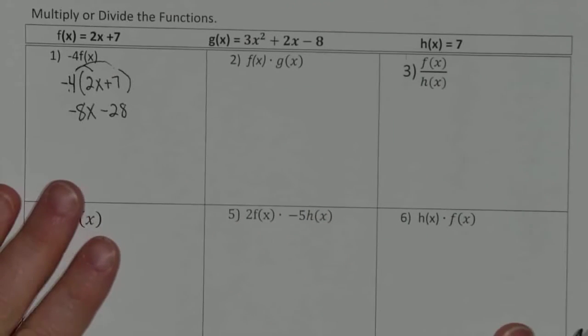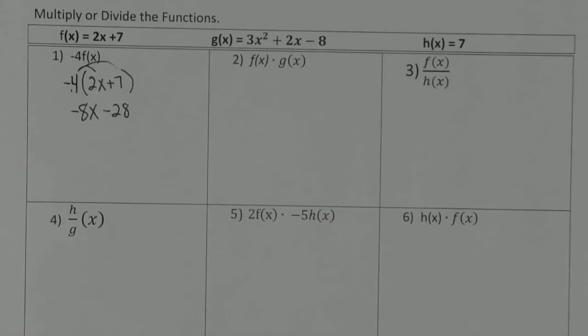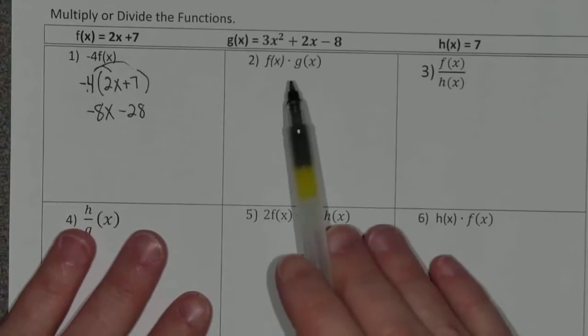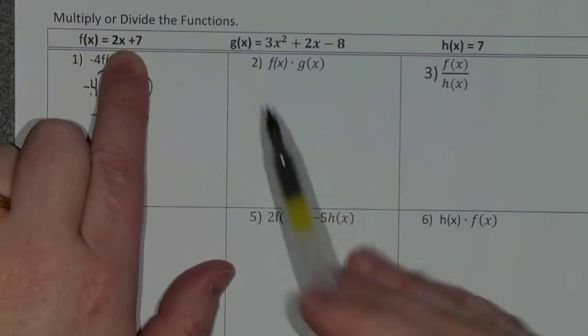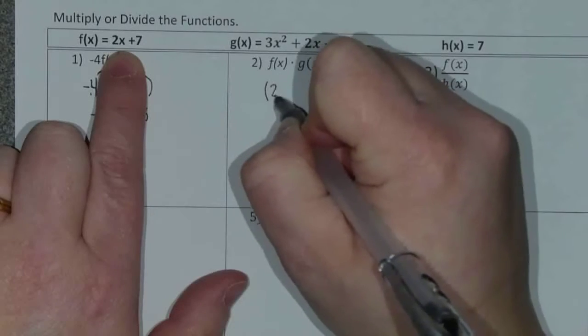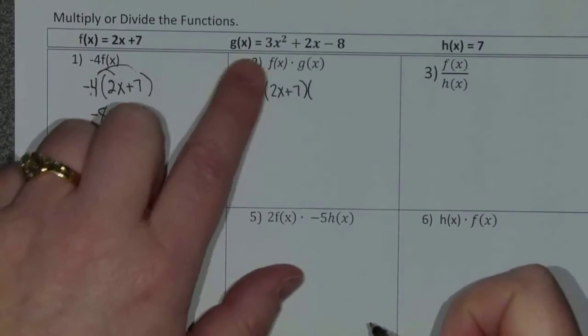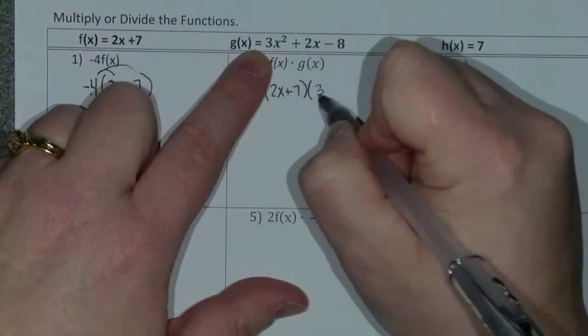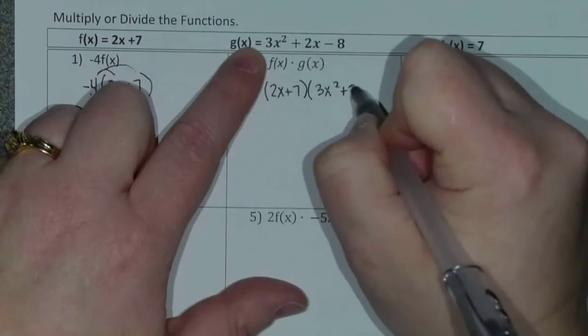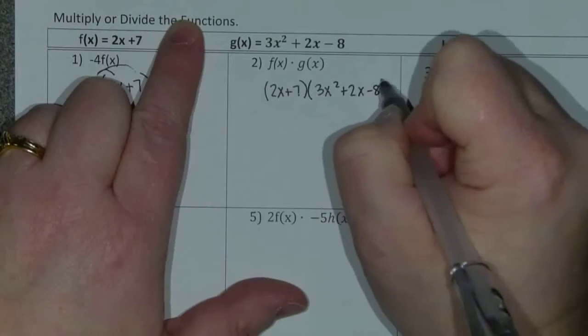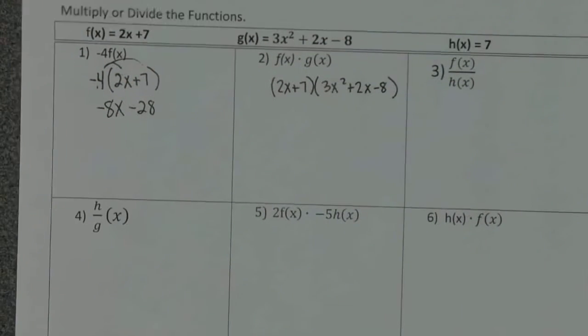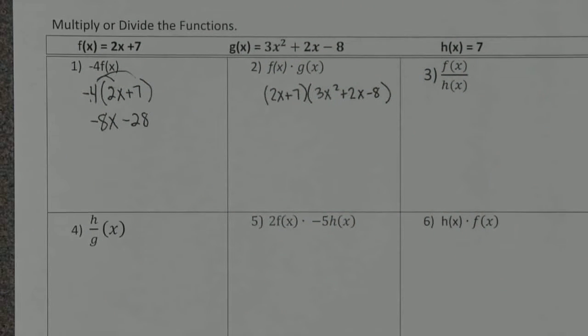All right, this next one then, number 2, says to do f of x times g of x. So I'm going to grab the f of x function, which is 2x plus 7, and I'm going to times it by the g of x function, which is 3x squared plus 2x minus 8. And I get to start a little multiplying party here.